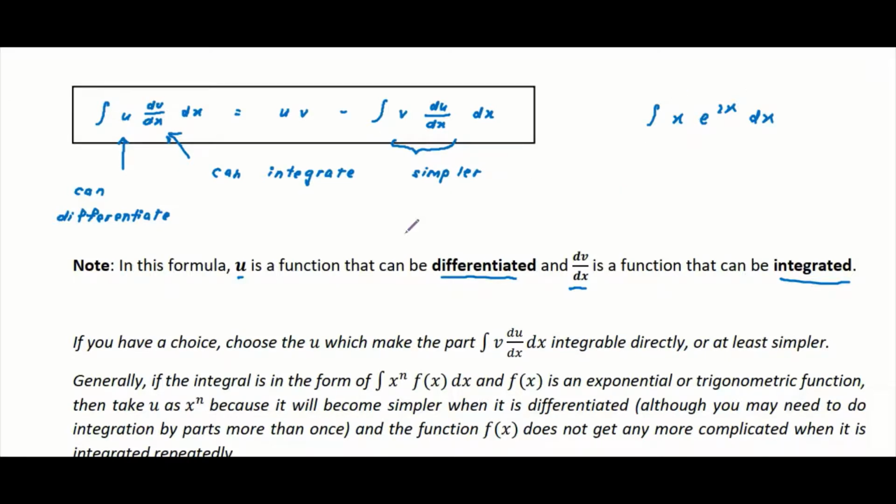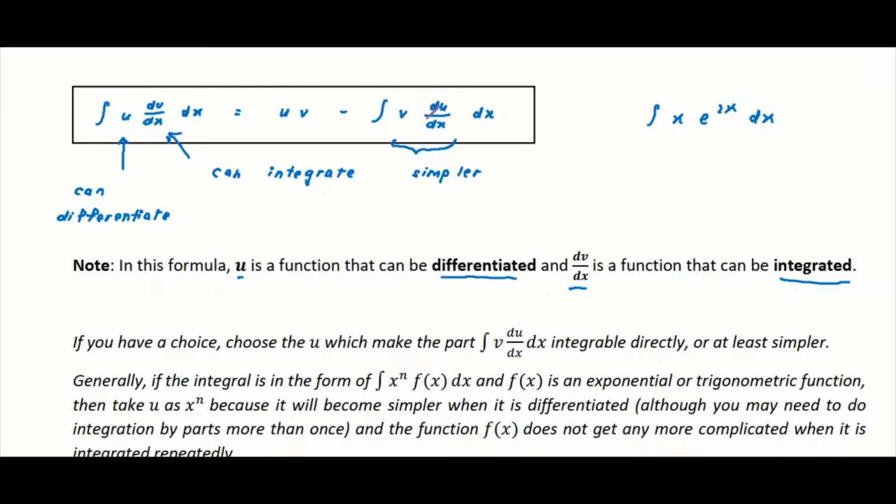But something to remember is, if you do not have a choice, then when you fix which one is u and which one is dv/dx, u must be something that you can differentiate, and dv/dx must be something that you can integrate. And if you have a choice, meaning that both of your terms can be both differentiated and integrated, you should try to make your v du/dx as simple as you can.